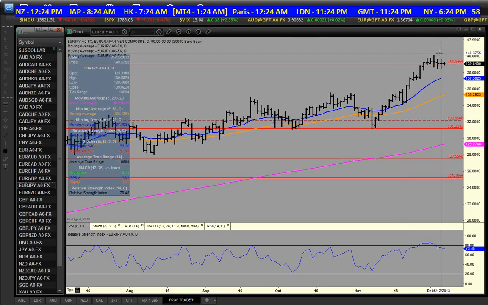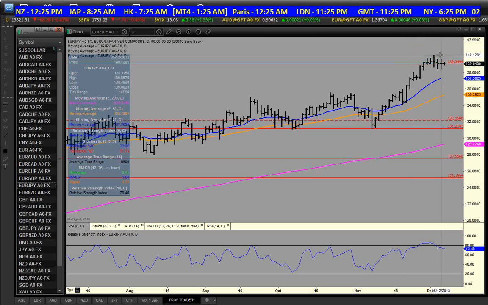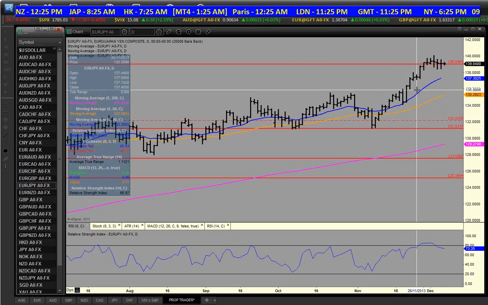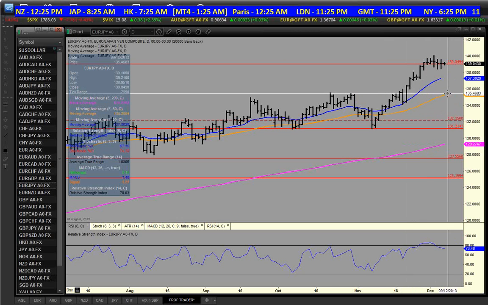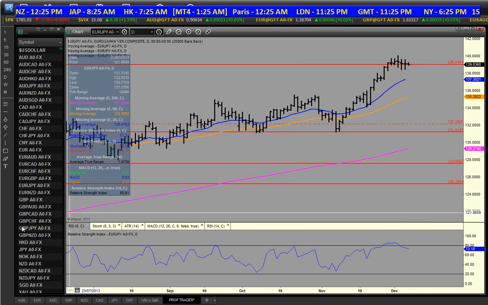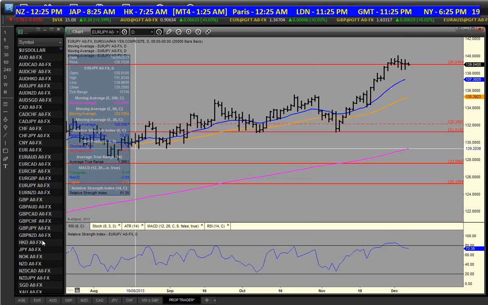I was calling 141 actually. 80 pips away from it. Again, I'd be looking to buy dips on this if it gives you an opportunity. If you're in it, then your stops should be underneath that. If you're not in it, then there's nothing for you.